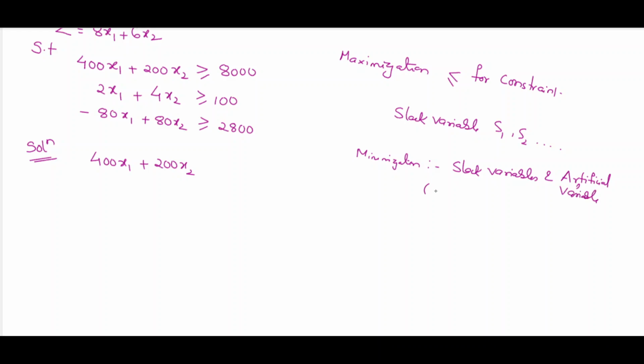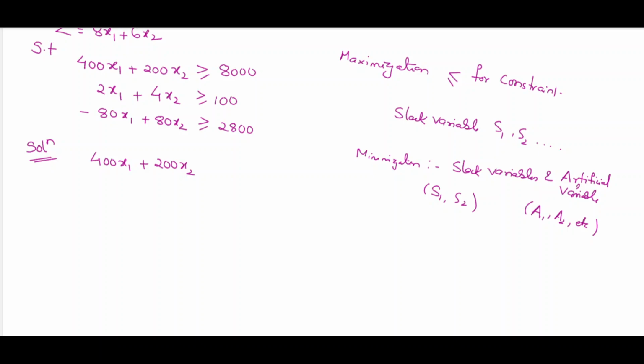Slack variables are, as usual, denoted by s1 and s2. Slack variables represent the unused resources. Artificial variables are denoted by a1, a2, etc. An artificial variable actually has no physical meaning. It is only fictitious.